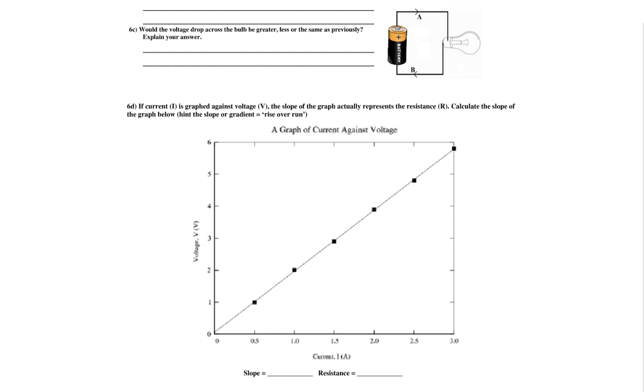However, if I'll do it in a different color, if we have a very flat line like this, what that's saying is that even with only a small voltage, even if the electrons are only given a small amount of energy, say 1 volt, we're getting a larger current.